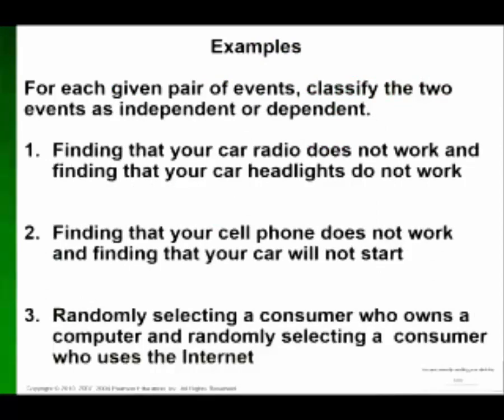Now, when we were looking at classify as joint or disjoint, we were saying on one trial, can both of these things happen? If not, then they were disjoint, and if so, then they were not disjoint. Here we're talking about two trials. Can the one happening affect the probability of the other happening?